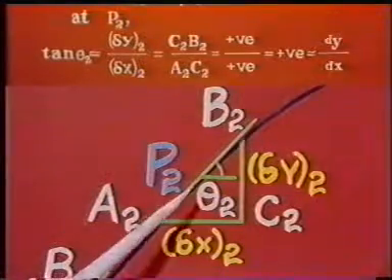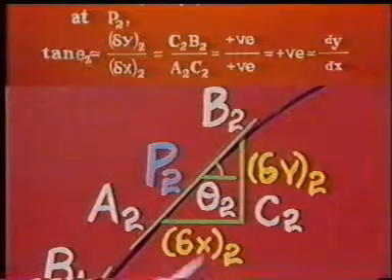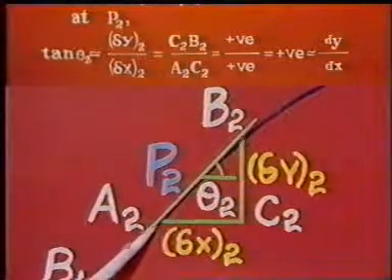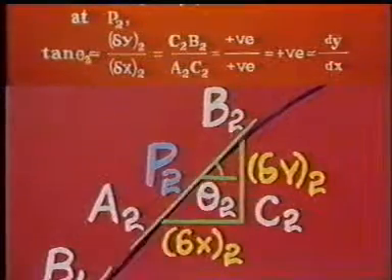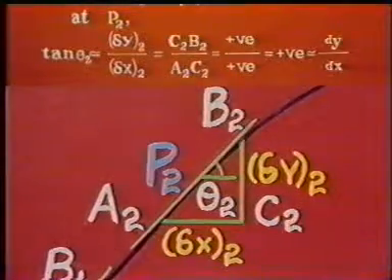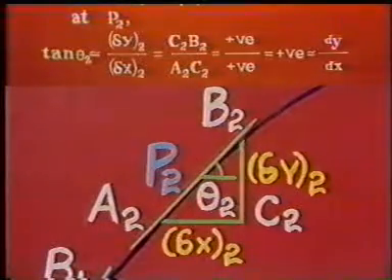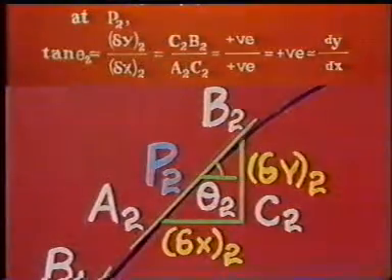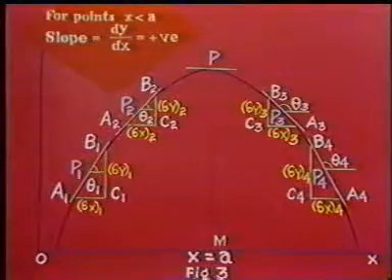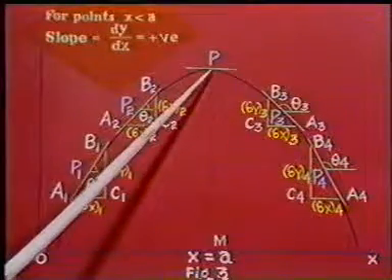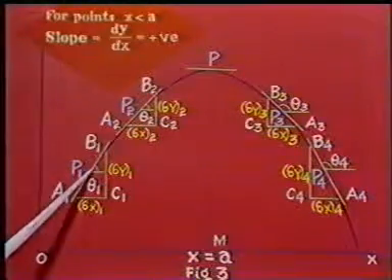Similarly, at P2, tan theta 2 is approximately equal to delta y2 upon delta x2 is equal to C2B2 upon A2C2 is positive, and is approximately equal to dy upon dx. Thus, at any point on the left of point P and near it, the slope dy upon dx is positive.